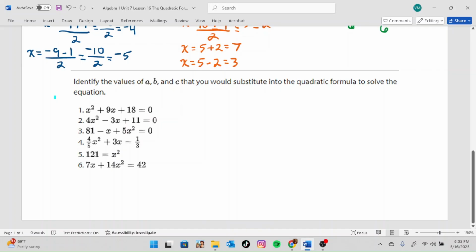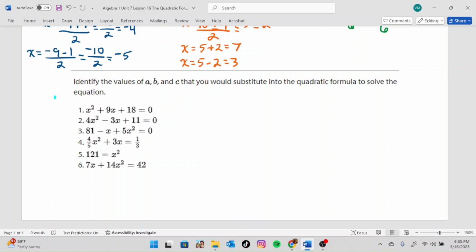Practice problem number 3. It wants us again to identify the values of A, B, and C that you would substitute into the quadratic formula to solve the equation. What's different about this one, as opposed to when we did it in practice problem number 1, is that now we have an equation that's not in the order that we're used to it being in.